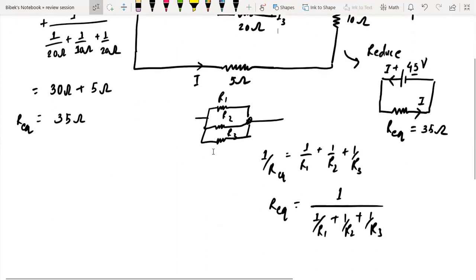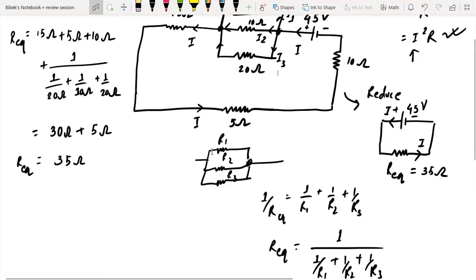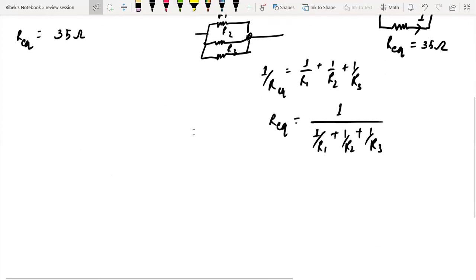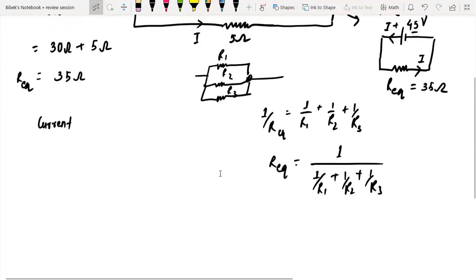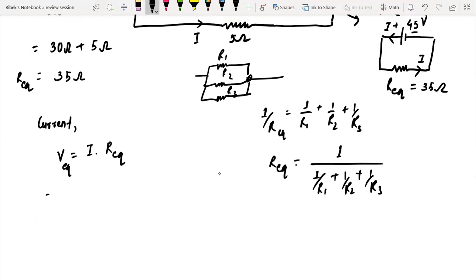So, okay. Now I have the equivalent resistance, now find the current. So current in this case will be, just use Ohm's law, that is V equivalent is I times R equivalent, okay? So V equivalent in this case is the EMF of the battery, and I times R equivalent, okay?